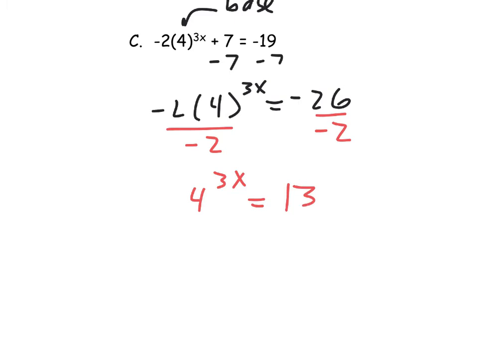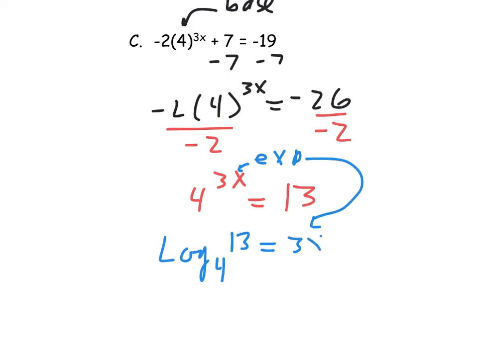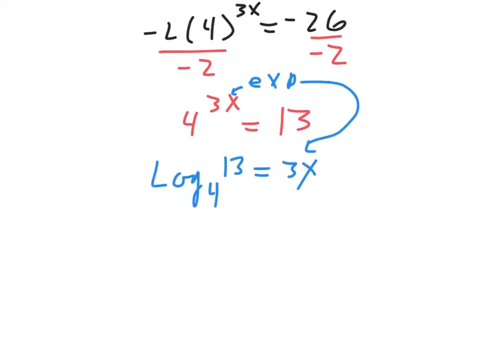So now we can kick in that log base button. Log base, my base is 4, of 13 equals the exponent, which is right there, and we're going to put that right here. So cancel it out, use that log base button, 4, and then hit 13.